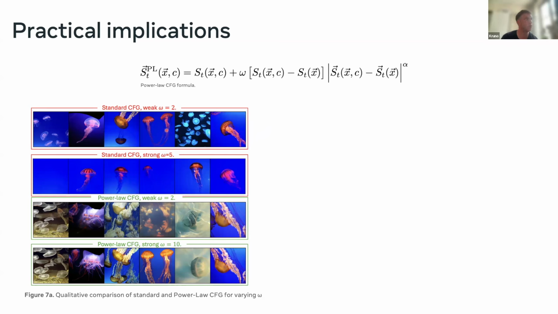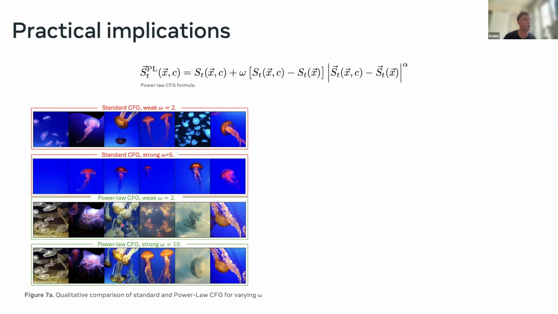If we condition on a label that is jellyfish, for a weak omega, you're going to see some reduction of diversity. But if you increase omega to 5, which is not that stringent, you're going to see that the diversity is completely lost. And you're also going to see that sometimes it collapses to the mode. And I guess the mode of jellyfish is just a blue image of the sea.